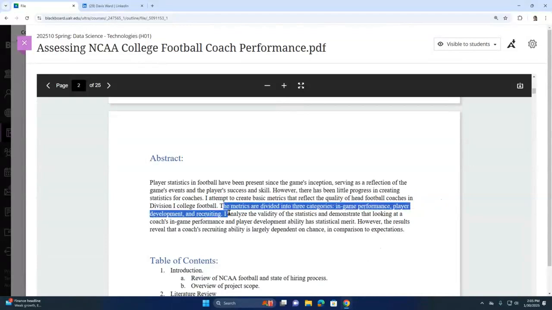And he mentions he's going to look at 3 different metrics. He wanted to know how well a coach did in terms of game performance. He also wanted to know how well coaches did in terms of developing player talent. And he also wanted to know how well coaches did when it came to recruitment.